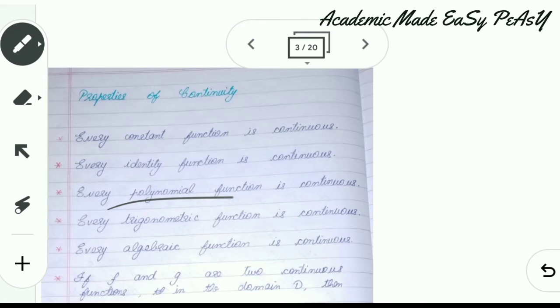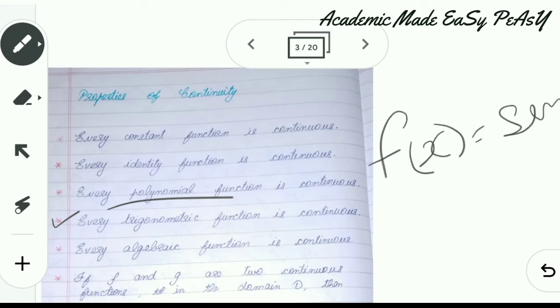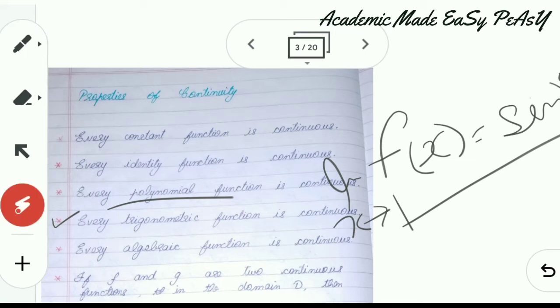Then every trigonometric function is continuous. Every trigonometry function, whatever functions we have learned now. So for example, let us have f of x is equal to sin x.